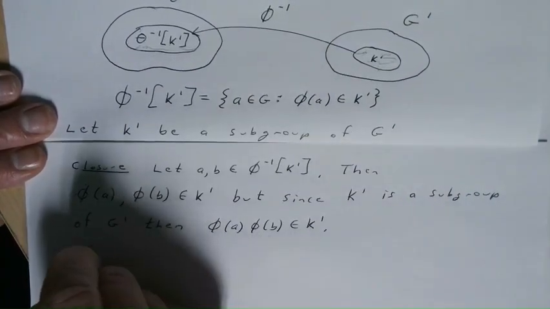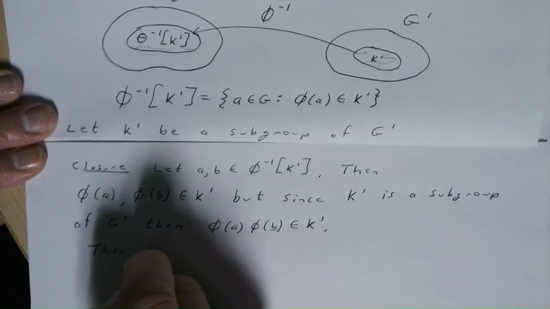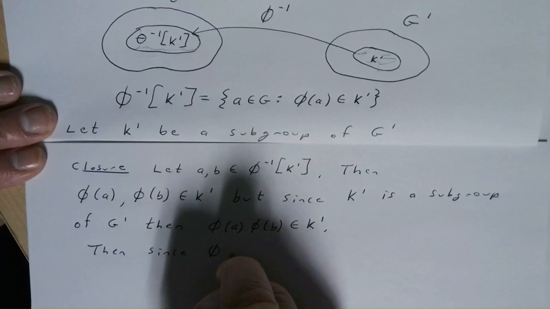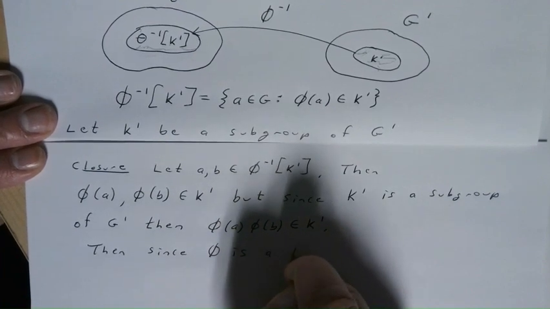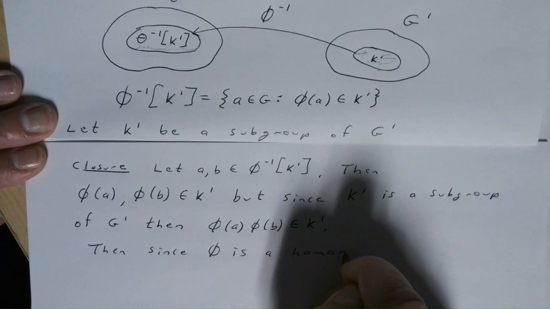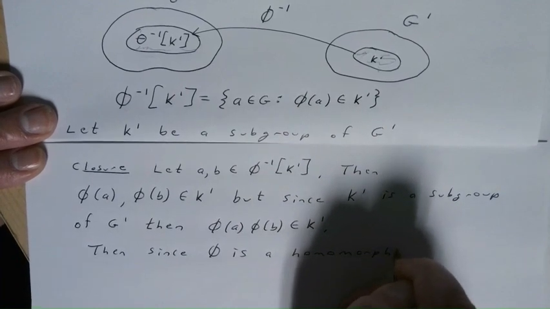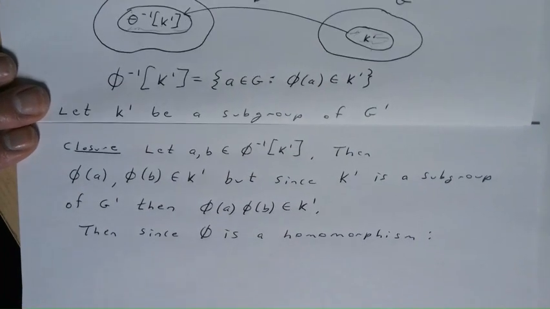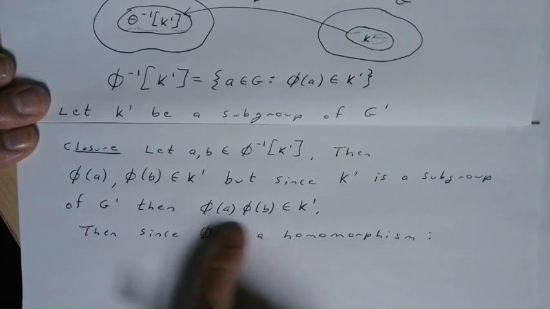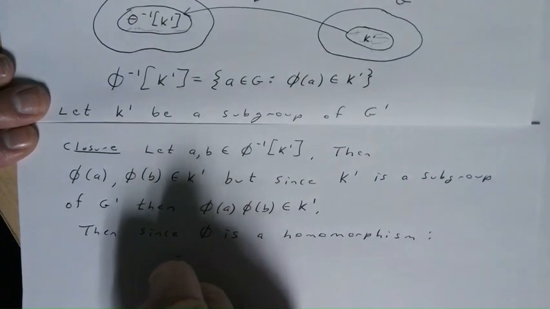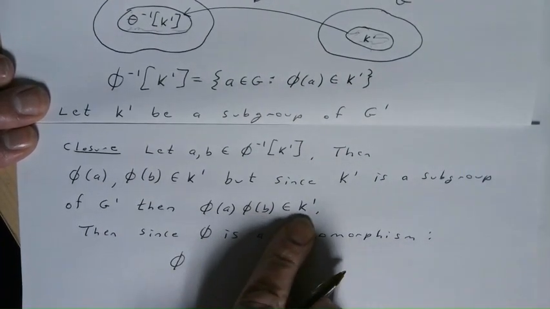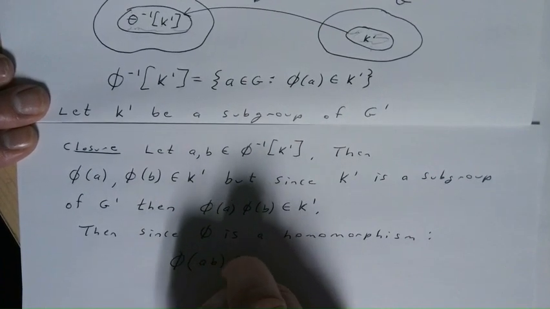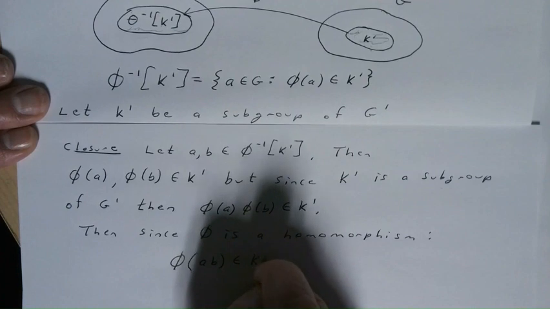Then, since phi is a homomorphism, from the definition of a homomorphism, we can say that if this is in K prime, then phi of AB is also in K prime.